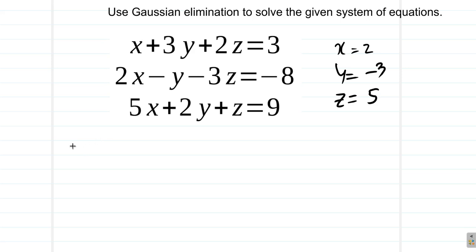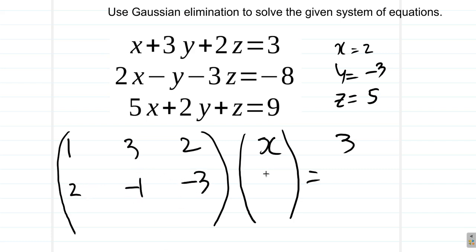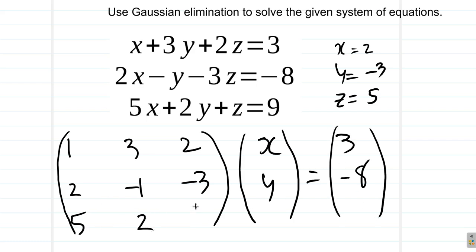We write in matrix form. You have 1, 3, 2, and x equals 3, 2, negative 1, negative 3, y equals negative 8, and 5, 2, 1, z equals 9.